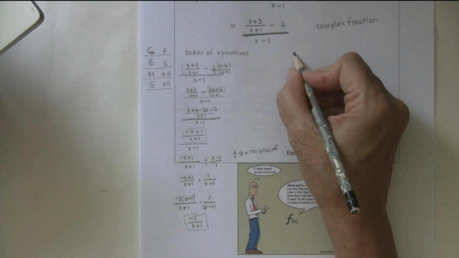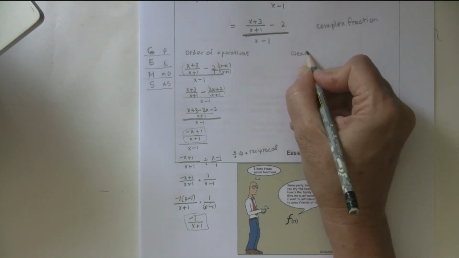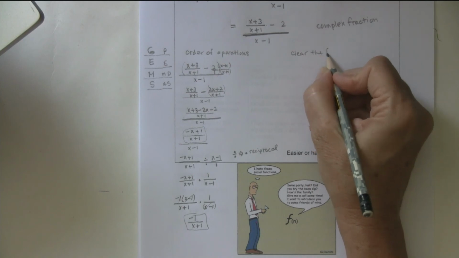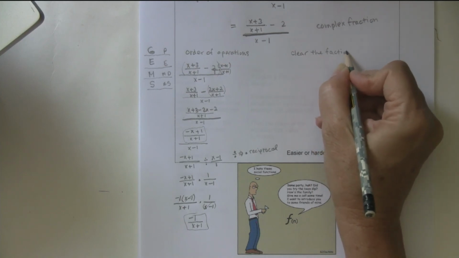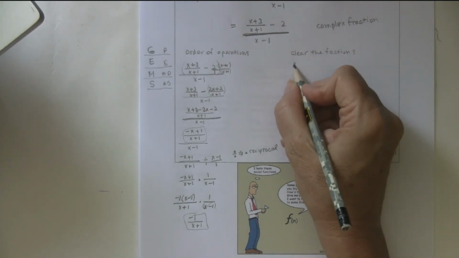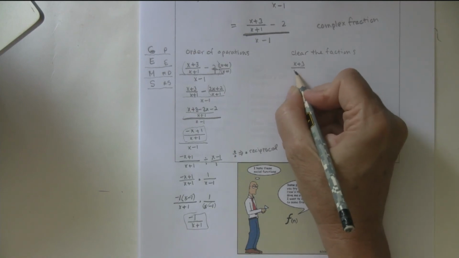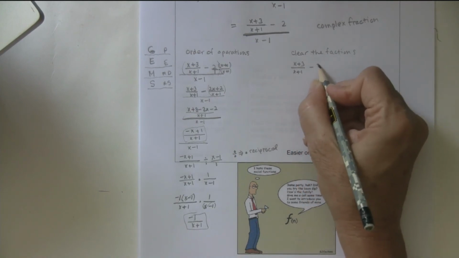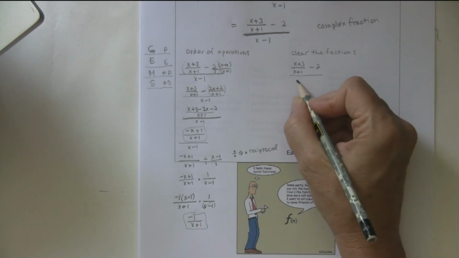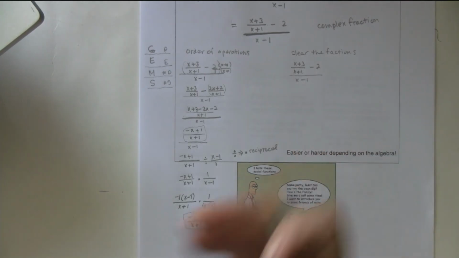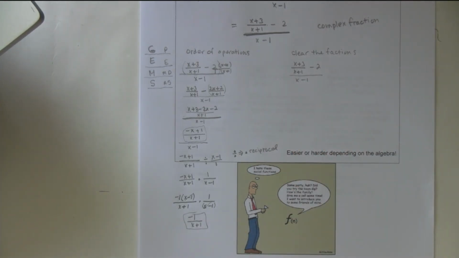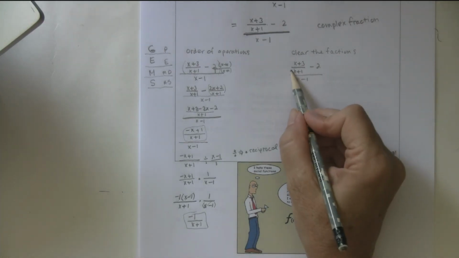I would call it clear the fractions. And so we have here x plus 3 over x plus 1 minus 2, so we have what we started with here, or x minus 1. And when you clear the fractions, you multiply by this denominator right there.